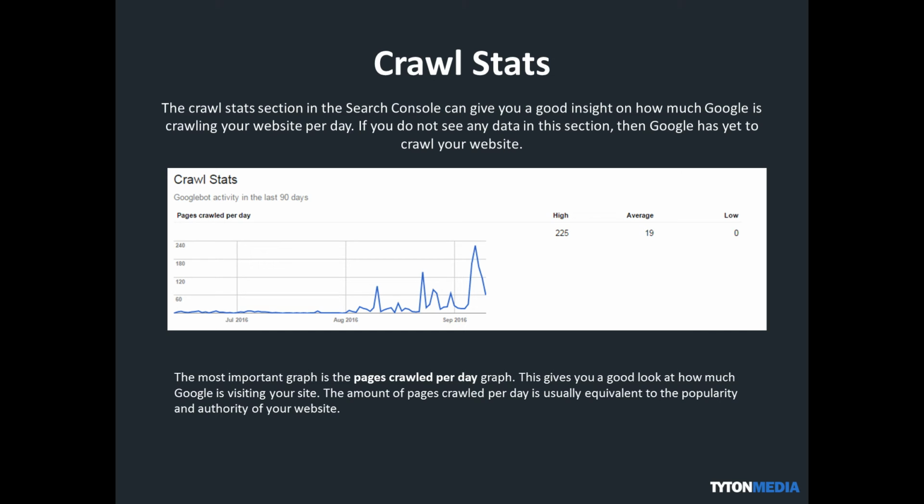It gives you a good idea of how often Google is returning to your site and crawling it. Usually it's equivalent to the popularity and authority of your site. So keep producing good content that Google likes and will crawl, and this will keep getting higher and higher.